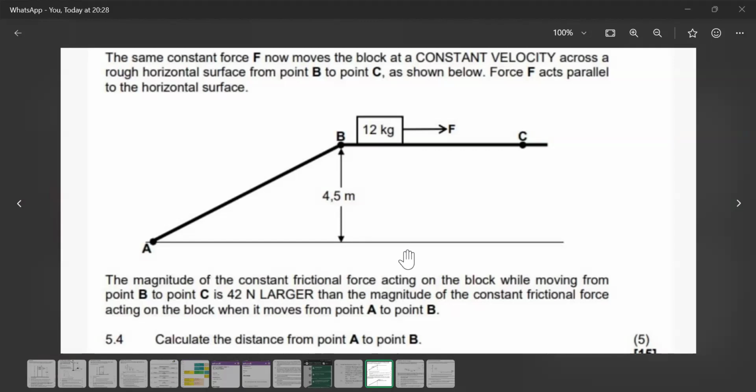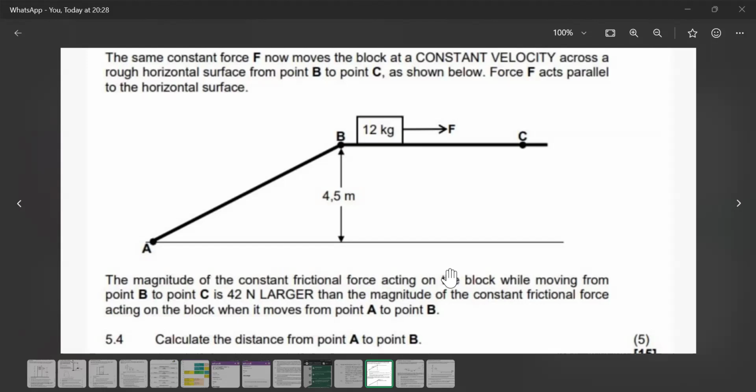Now they say, calculate the distance from point A to point B. Here they don't specify what we should use in order to calculate the distance.